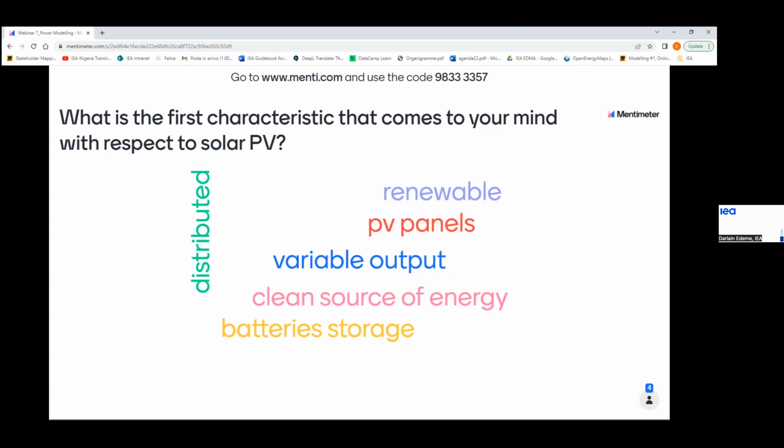Especially, we need storage in order to deal with the uncertainty, variability and seasonality of this source. And I see another answer, which is variable output, which again is really linked to the other person who answered battery storage. Feel free to write your answers, and we will come back to this later during the presentation.